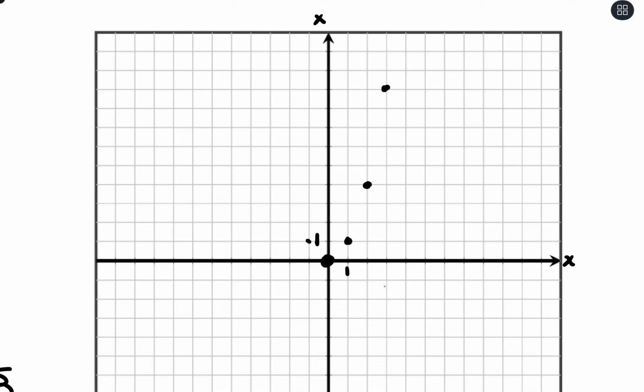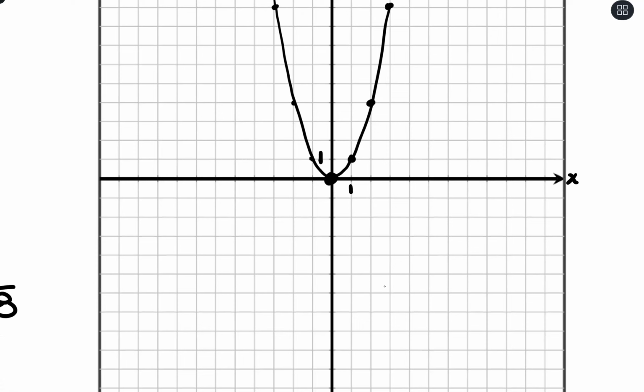And then we have the same thing on the other side. So that is my general parabola that opens upward. Opening downward is the same idea, just in the other direction. So if I go right 1, I would go down 1, right 2, down 4, right 3, down 9. Like that. So similar pieces.